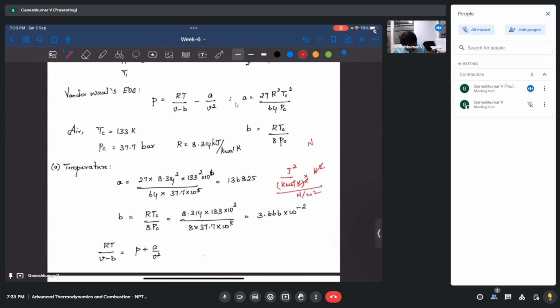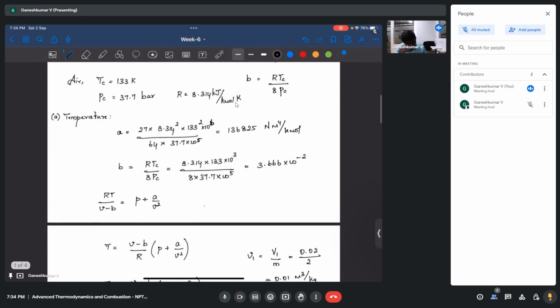Joule is Newton meter, so Newton meter times meter square, meter power 4, Newton meter power 4 divided by kilomole.